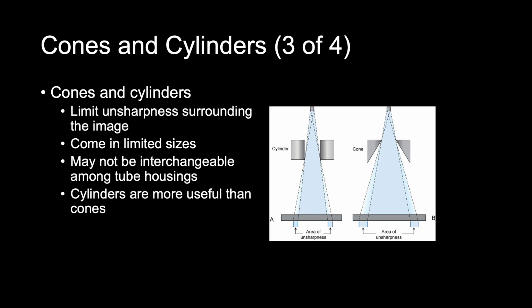Cones have a disadvantage compared with cylinders. If the angle of the flange of the cone is greater than the angle of divergence of the primary beam, the base plate or the aperture diaphragm of the cone is the only metal restricting the primary beam, so not much filtration. Therefore, cylinders generally are more useful than cones.